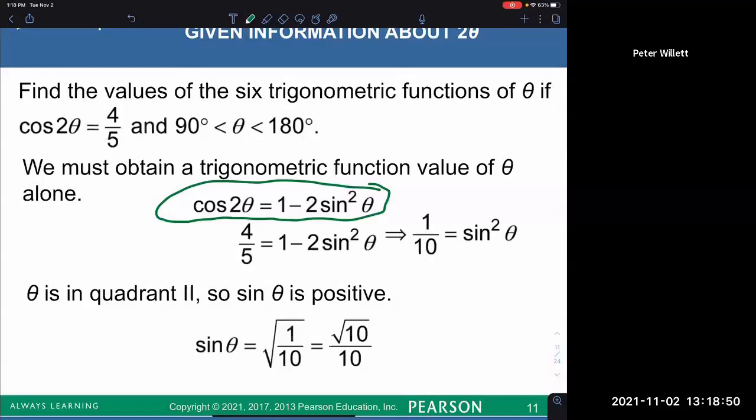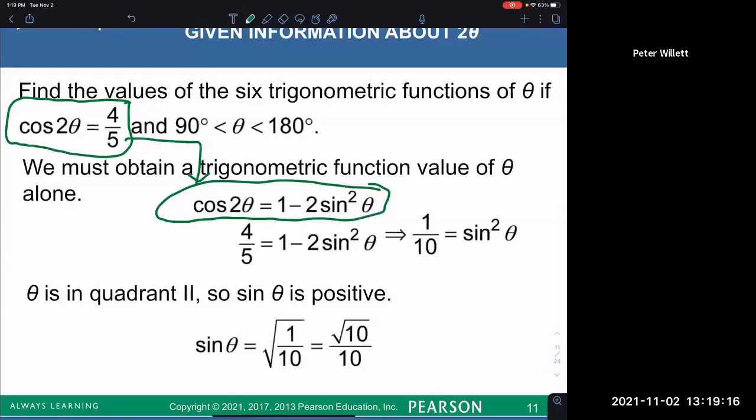So if, like in example 1, they give you the single angle, then you can use it to find the double angle. But if you have, like in this problem, they're giving us the double angle, well, then you can plug that in and then turn around and go back and try to find the single angle that's on the right side. Now, we'd have to do some solving here, but then you can do that.